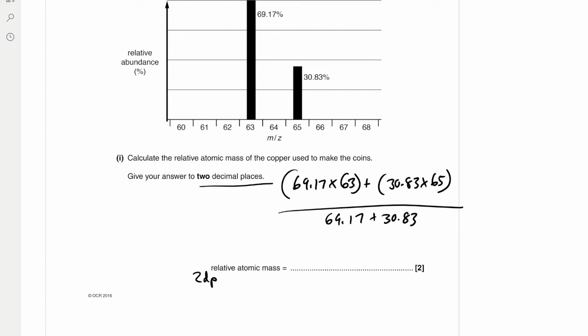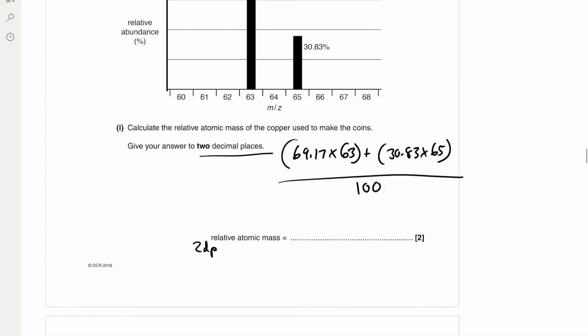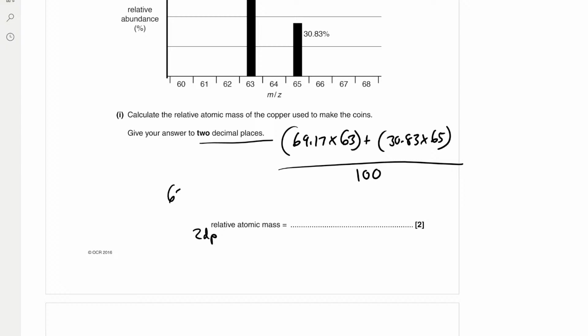It's usually 100, but it's always worth double checking because they sometimes try and catch you out, but it is 100 this time. So divide it by 100. Put it in the calculator. That gives us 63.6166, which is, to 2 decimal places, 63.62.